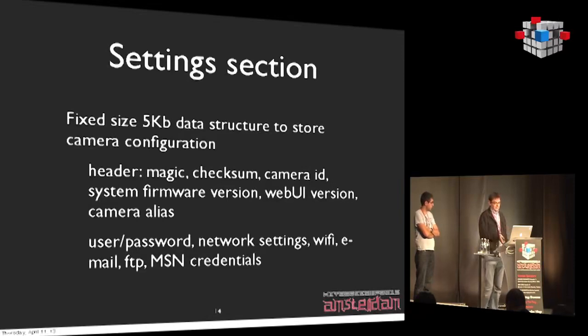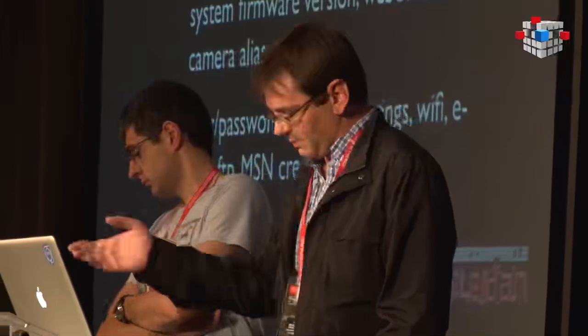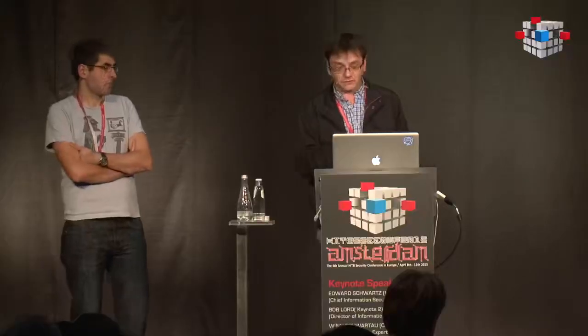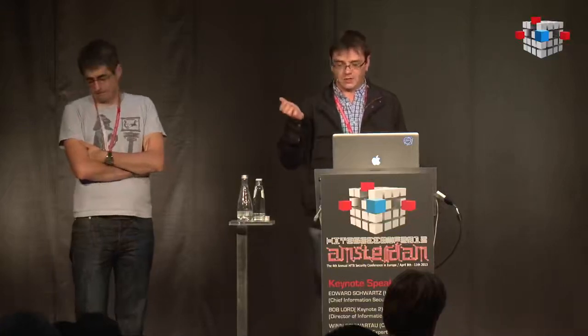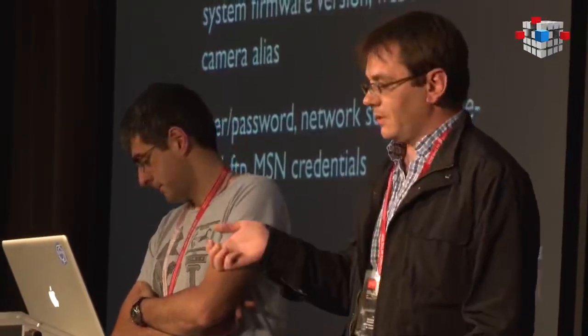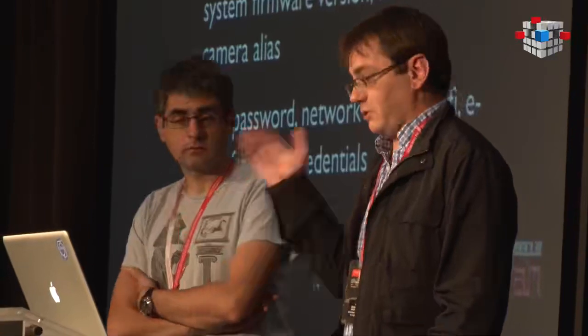It's also very simple, like a header with a checksum, with the same algorithm, the sum of all bytes starting at offset C. It contains all the sensitive information: all your credentials for the camera, your network settings, your Wi-Fi settings and credentials, and email credentials, if you set up your camera to send you snapshots of what's happening, or if some movement is detected.